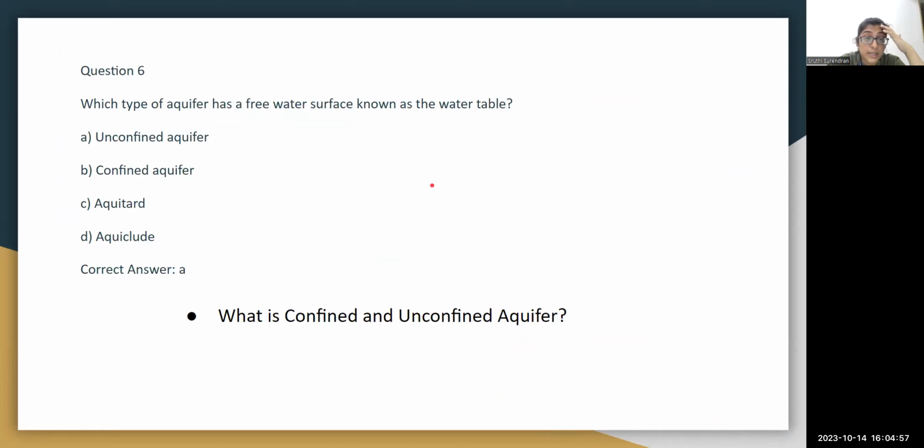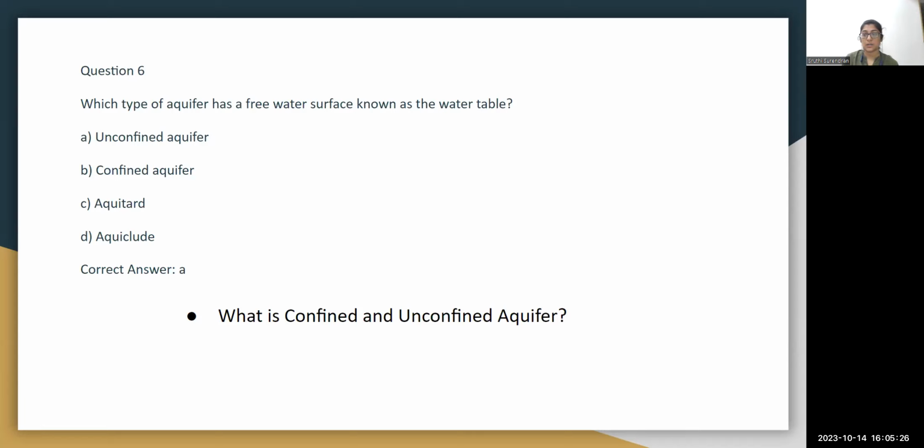Another important area covered in this is what confined and unconfined aquifers are. Confined aquifers are aquifers that are confined by two impermeable layers on top and bottom, whereas unconfined aquifers only have an impermeable formation at the bottom. The top is free, so the water table is at atmospheric pressure, whereas the water in a confined aquifer is under a certain amount of pressure.